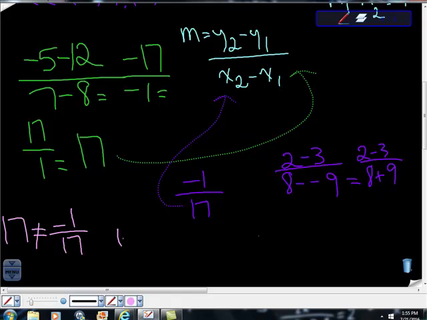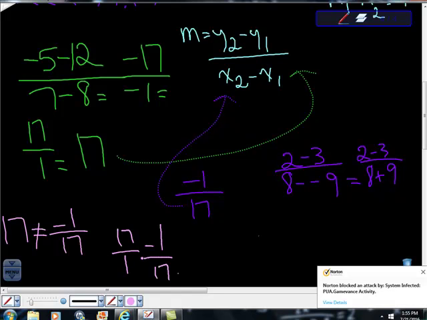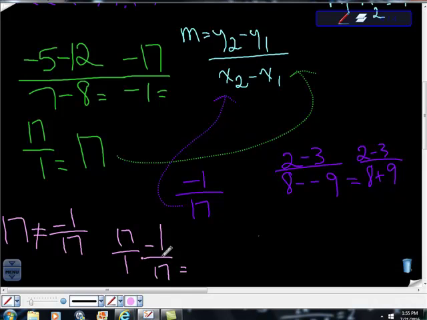However, we can try 17 over 1 times -1 over 17 and see if we get -1 as our product. 17 times -1 is -17. 1 times 17 is positive 17. Negative divided by a positive gives you a negative. 17 divided by 17 is 1, so -1. So this would be perpendicular.